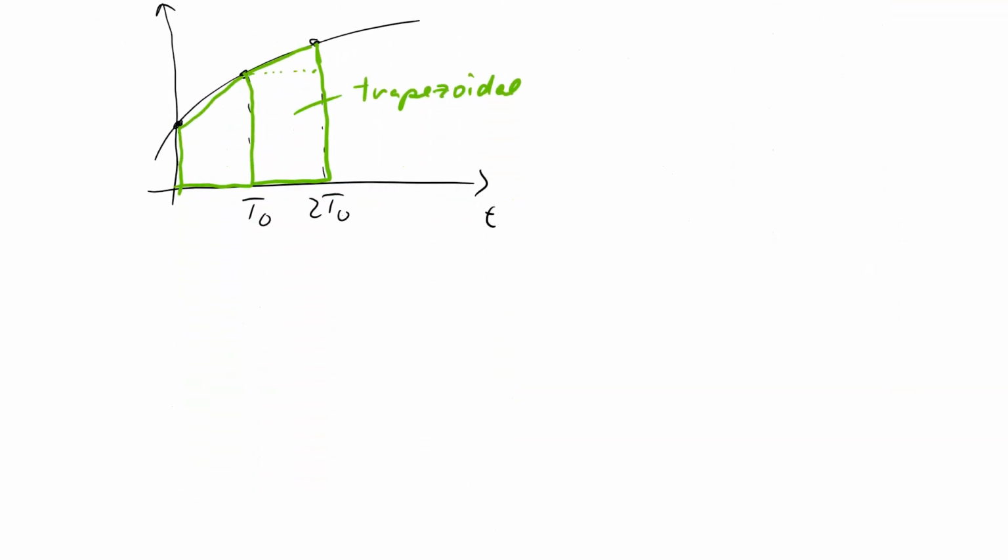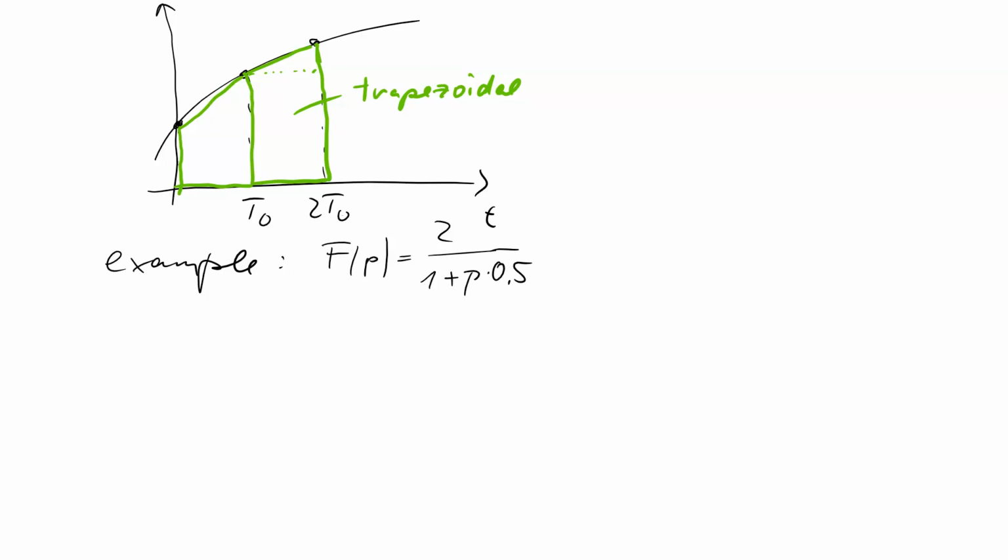Example. Let's do the job with our low pass filter, 2 divided by 1 plus p times 0.5.